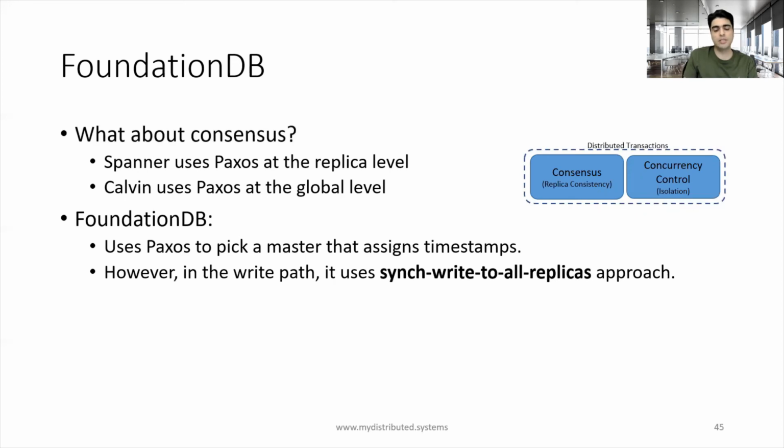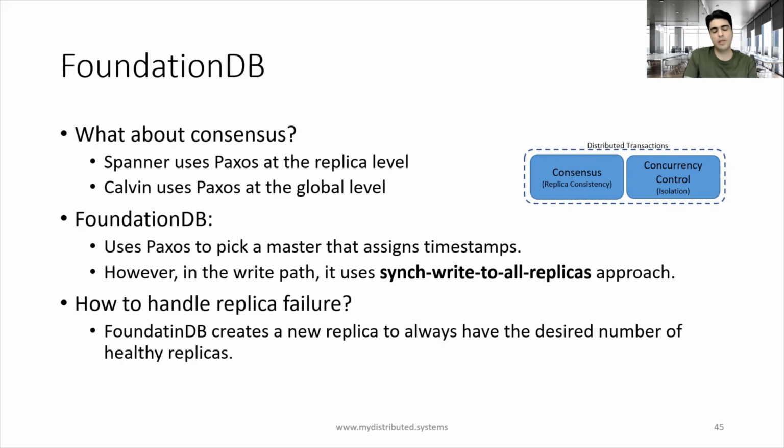It simply writes synchronously to all replicas before returning to the client. And you may ask, what about replica failure? If one of these replicas that we want to write to fails, what will happen? FoundationDB, as we will cover, creates a new replica to always have the desired number of healthy replicas. So some nodes must be reserved to deal with these failure cases.